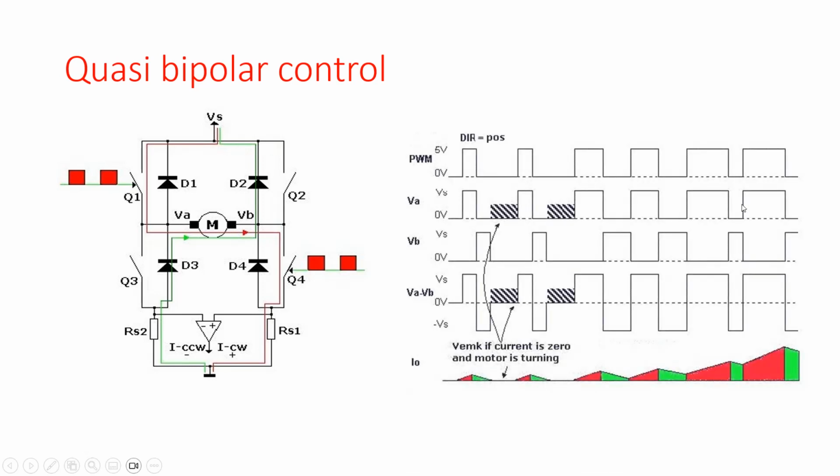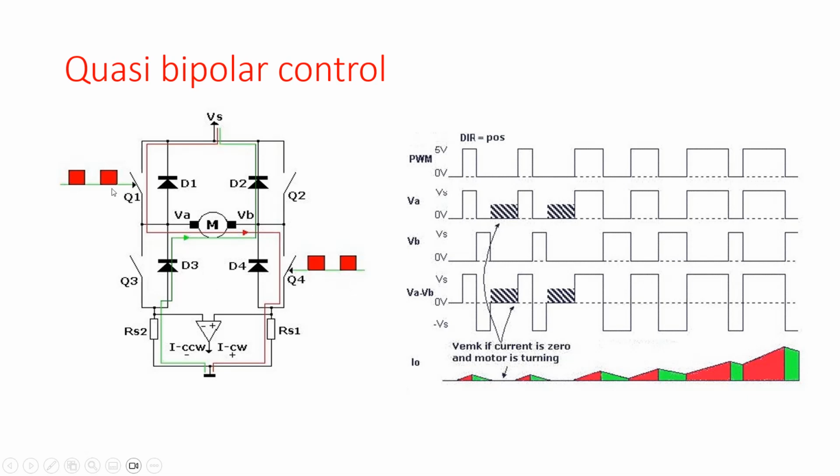So also in this situation, when we have a positive value of the PWM, VA equals the power supply voltage, and during the positive value of the PWM, the voltage VB is 0, and that is depicted over here. So VA minus VB has a positive value.